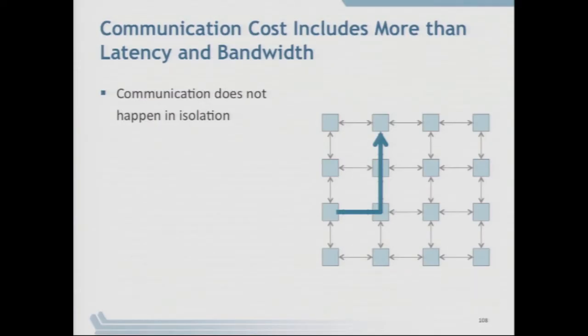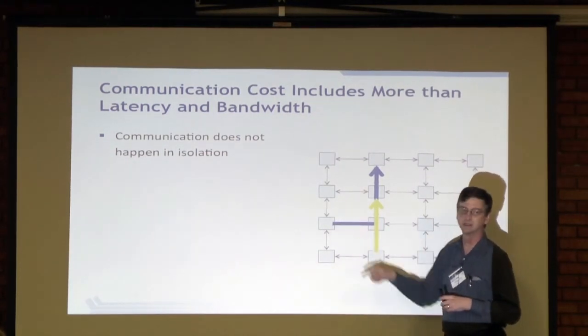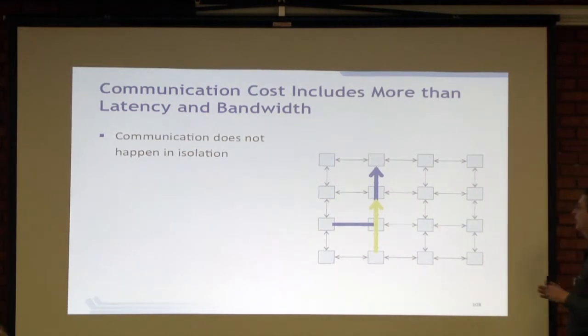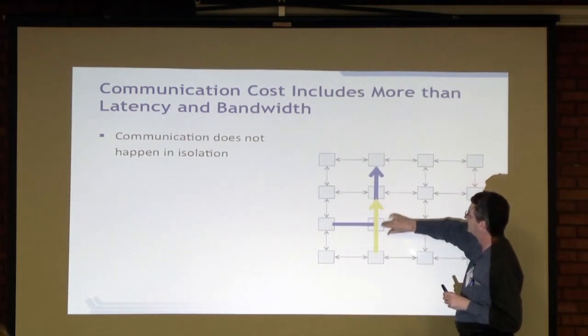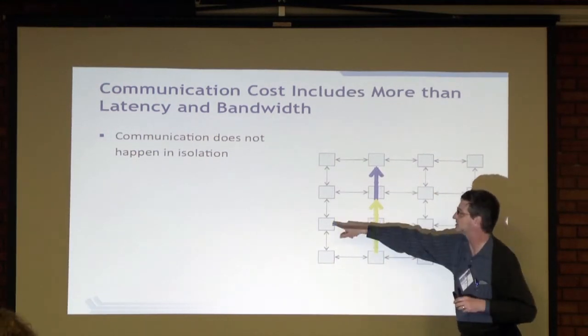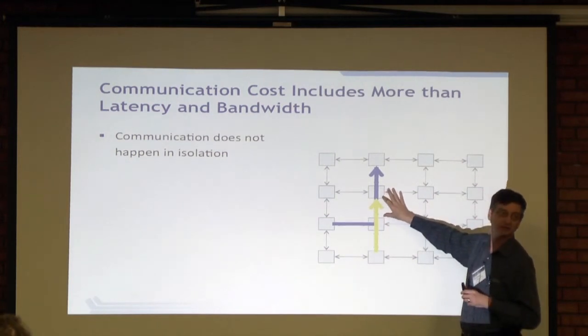So why do people worry about those extra hops? This is why. Say this process was sending here. So this process and this process are not even communicating with the same target. But during some of the time, say this message is long enough that there's a bunch of pieces going up here, they are sharing this communication link.